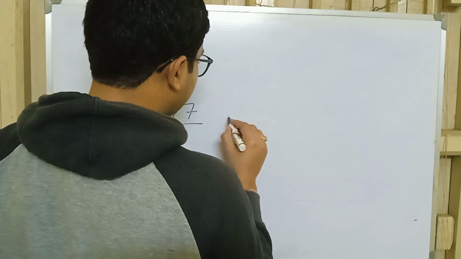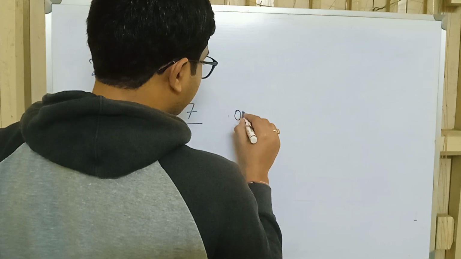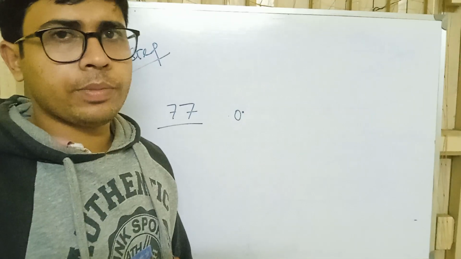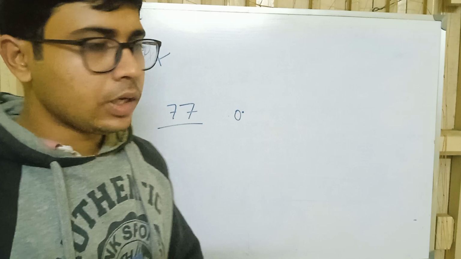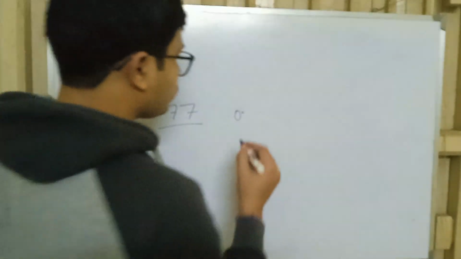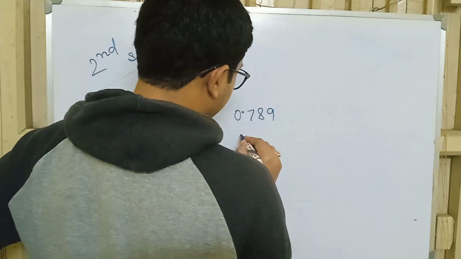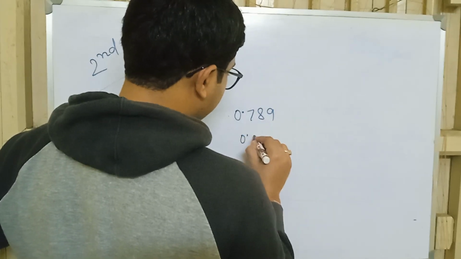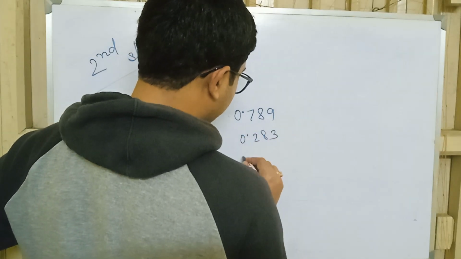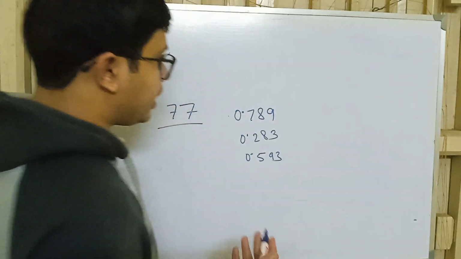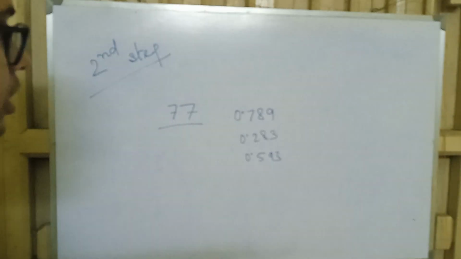All the transitions will have some features, say LBP. We extract the features from all the frames, and suppose the transition values are 0.789, 0.283, 0.593, like that. We have all the points.